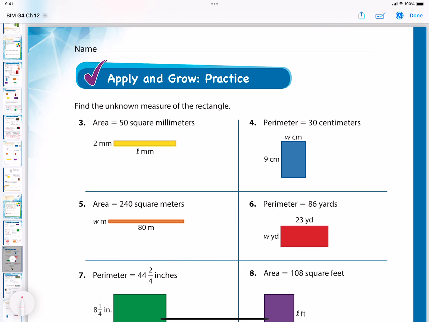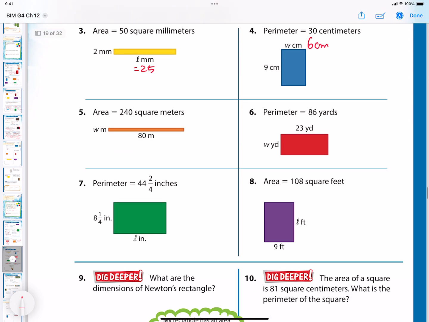Welcome back. Now I'm going to release the answers. The length is 25 millimeters. Here, number 4, the width was 6 centimeters. Number 5, the width was 3 meters. And the width here was 20 yards.